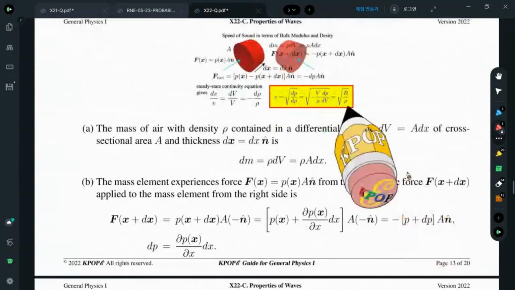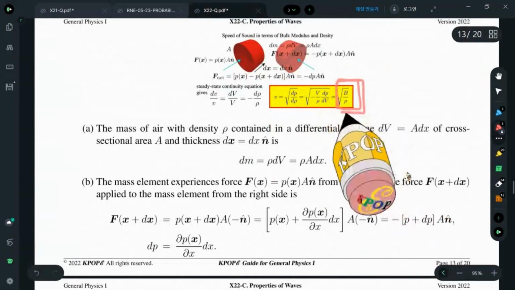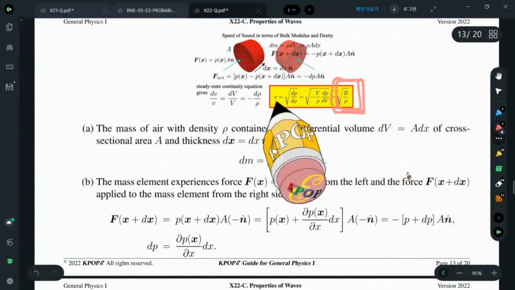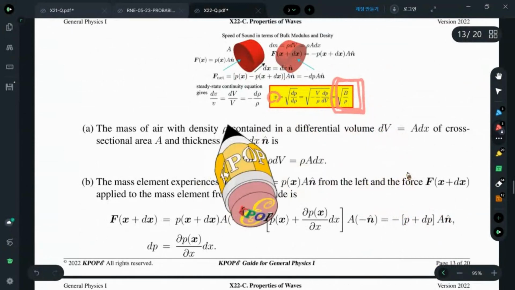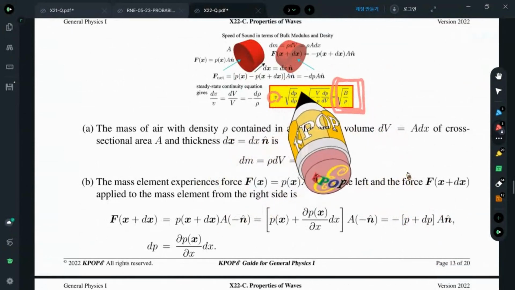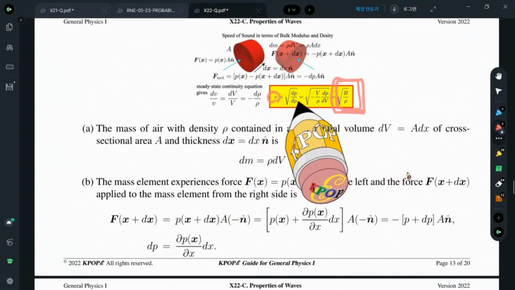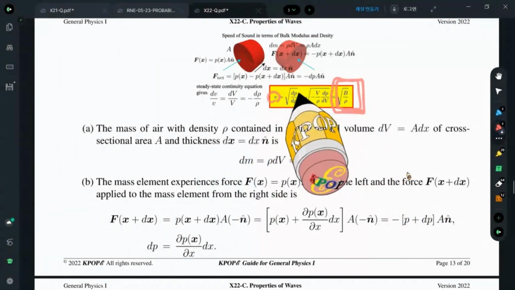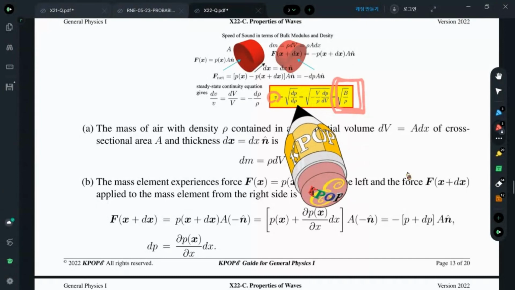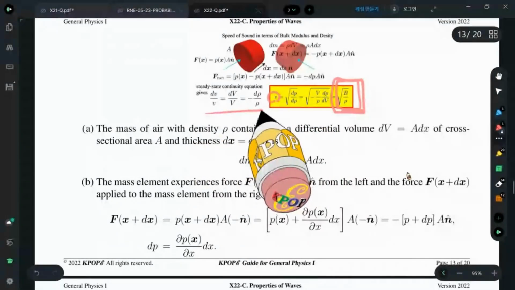Finally, we have reached the point where the velocity of sound is interpreted as a change in pressure and the ratio of the change in pressure and density coming from this relation.